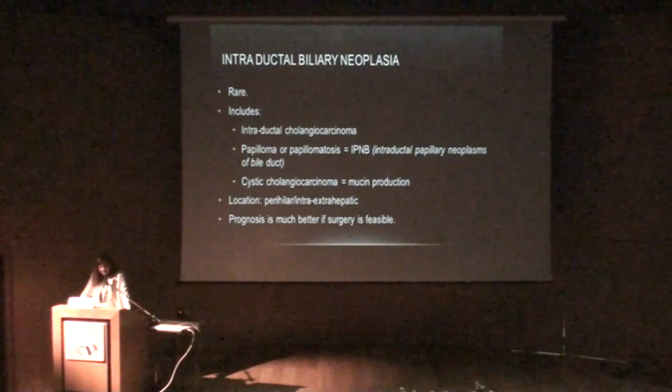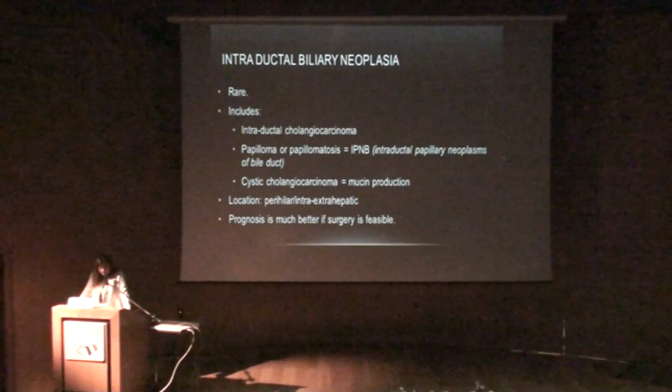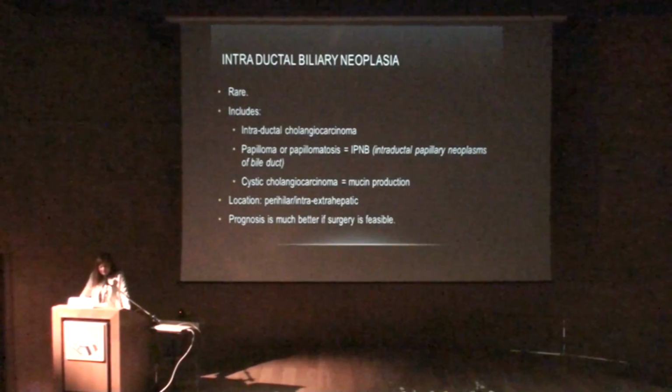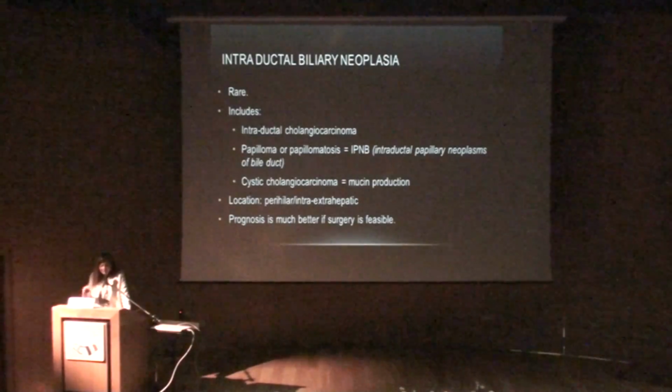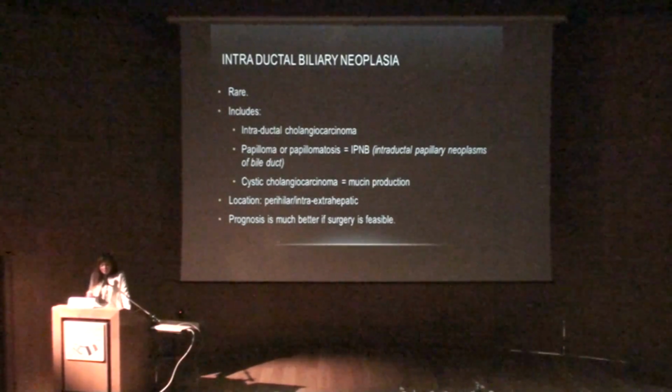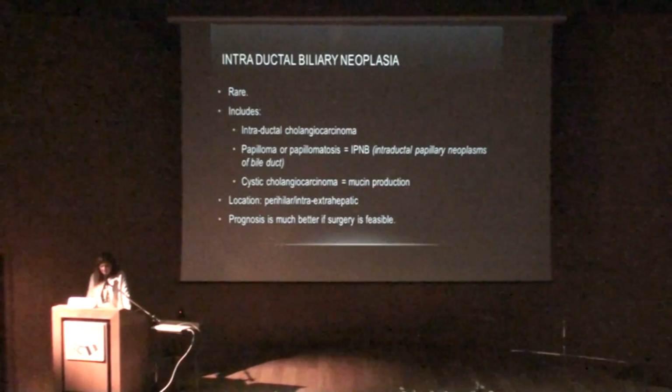And they include also the cystic cholangiocarcinoma, where we can see a huge mucin production. The location of this intraductal biliary neoplasia may be perihilar, intra or extrahepatic, and the prognosis is, of course, much better if surgery is feasible.